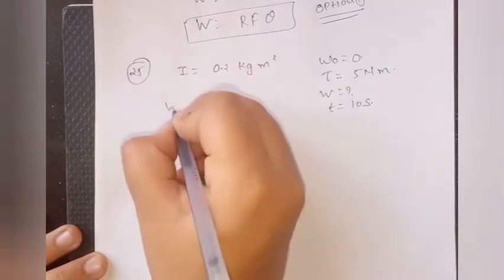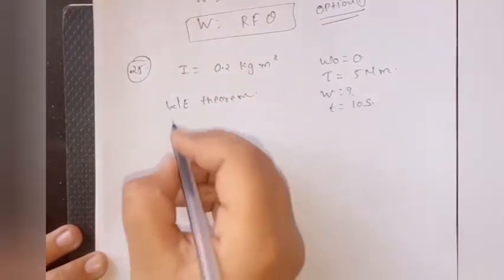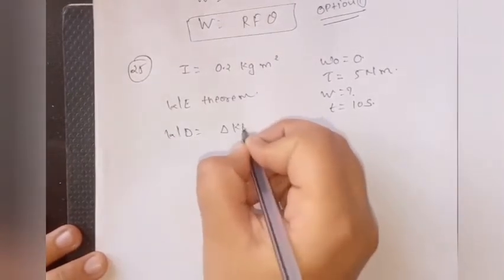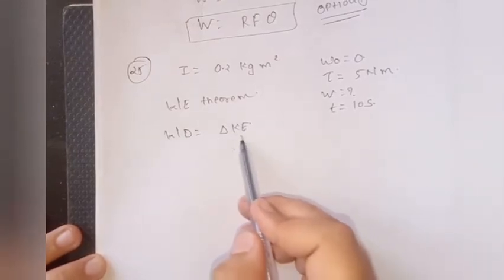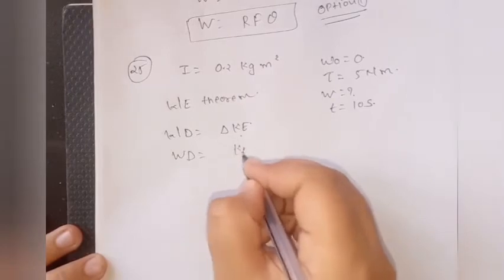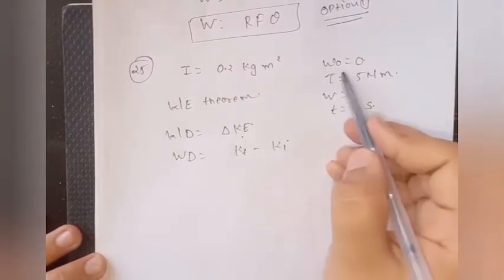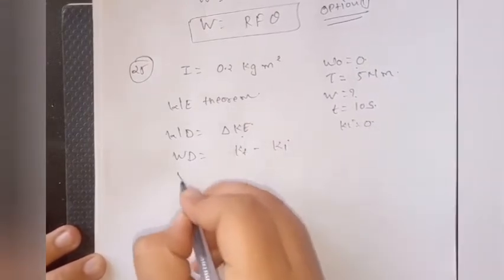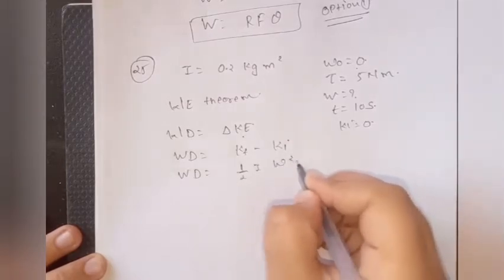Here we can use the work energy theorem. According to the work energy theorem, work done is equal to change in kinetic energy. Here the object is rotating, so we'll use rotational kinetic energy. So work done is equal to final kinetic energy minus initial kinetic energy. Initially the flywheel was at rest, so initial kinetic energy will be 0. So work done will be equal to half I omega square.